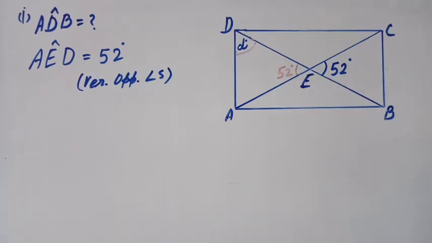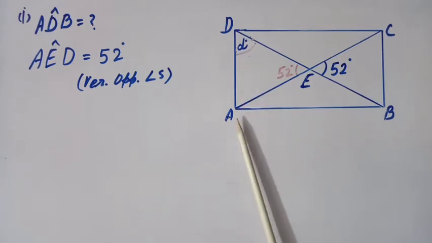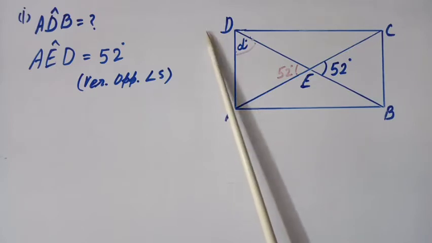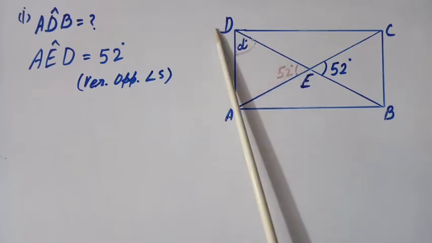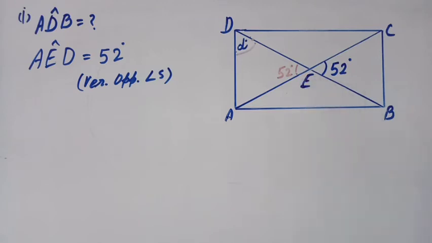Now what angle we have to find out? The angle ADE, I name it as a small d, right? I already discussed that in the triangle ADE, the side DE is equal to AE, right? Because both of these are the half of the diagonals of the rectangle, so these are equal in measurement.